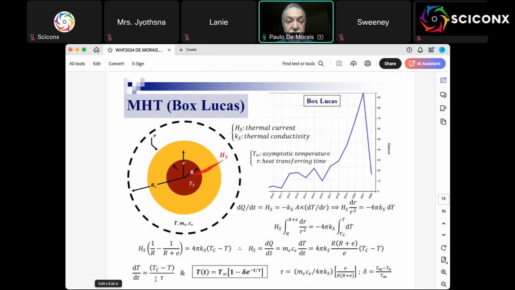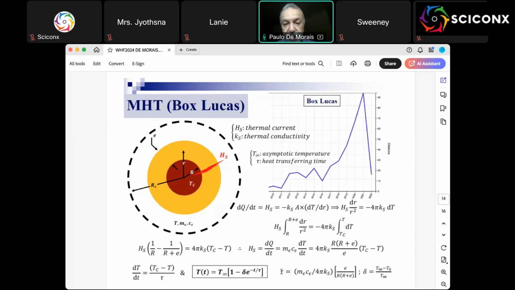And there is a standard relaxation or transfer time here. Then we solve this equation, which has a very simple solution. It's a first order, non-homogeneous differential equation, and the solution is exactly the Box-Lucas model.